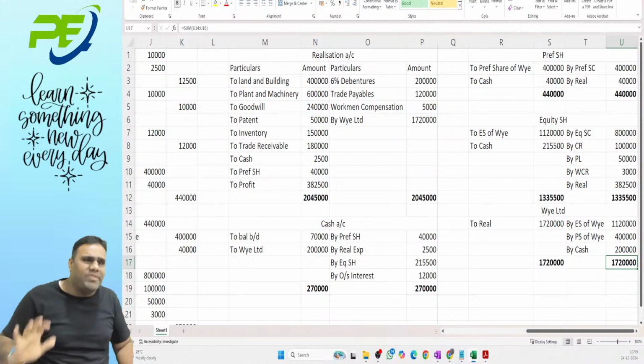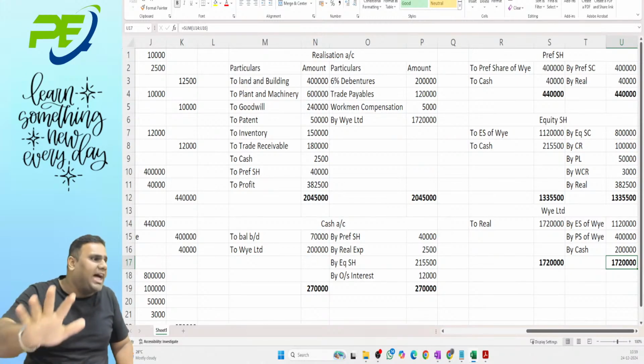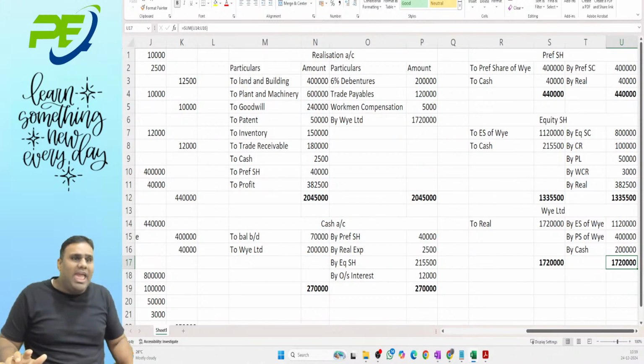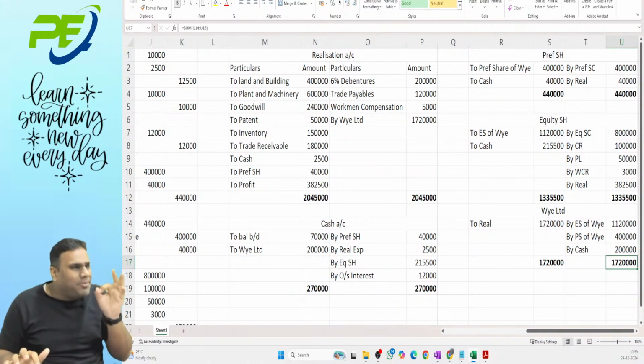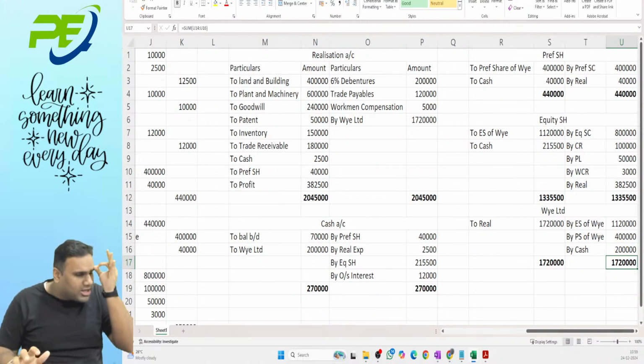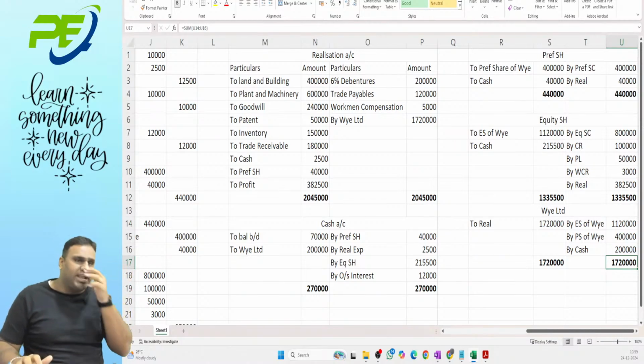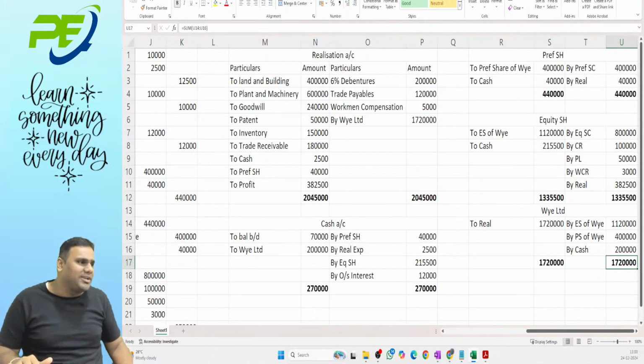Students skip this chapter, and from this chapter they ask an easy question which students have not prepared, and they ask a tougher question from accounting standards which students have prepared well. So marks are lost in both places. You take the examination amalgamation problem and see the mock problems. They asked this problem for 10 marks, the same problem. But the point is, as soon as students see amalgamation, they don't attempt it.